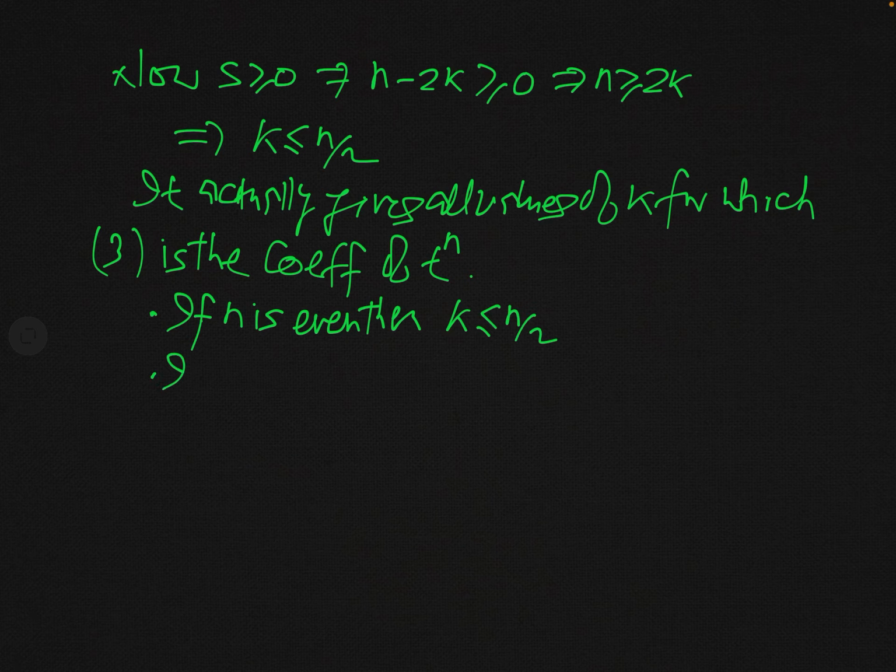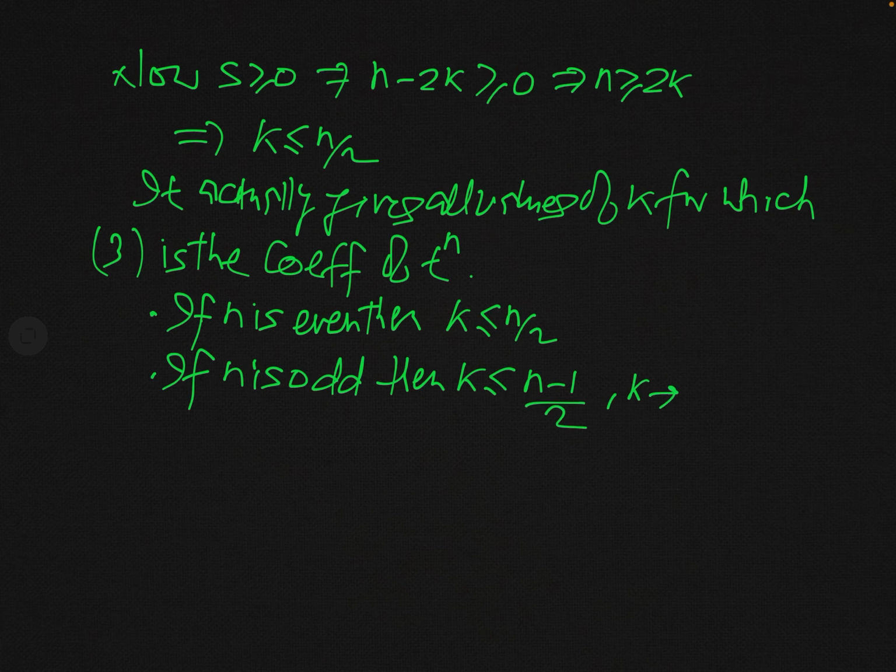So you can see if n is odd, then for integral value of k, definitely k should be less or equal to n minus 1 over 2, because if n is odd, then n minus 1 will be even, and when you divide that even number by 2, you will get the integral value of k, because k is an integer.